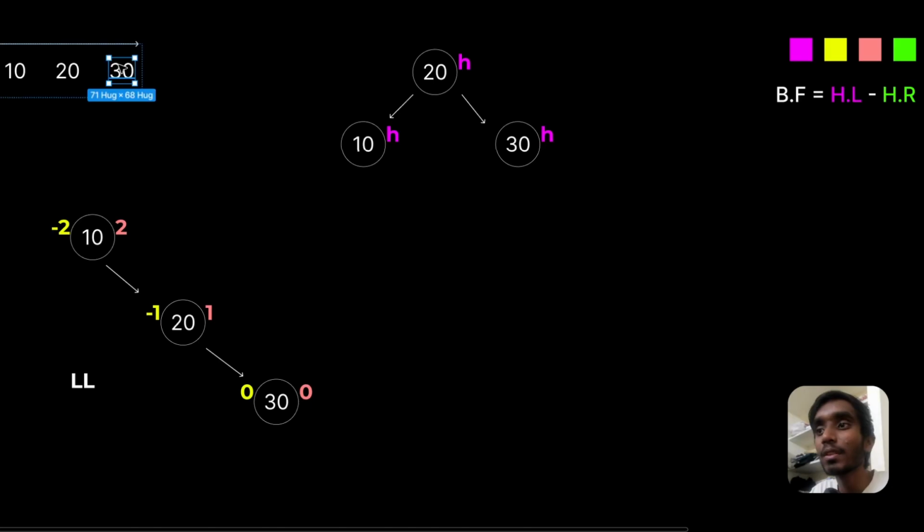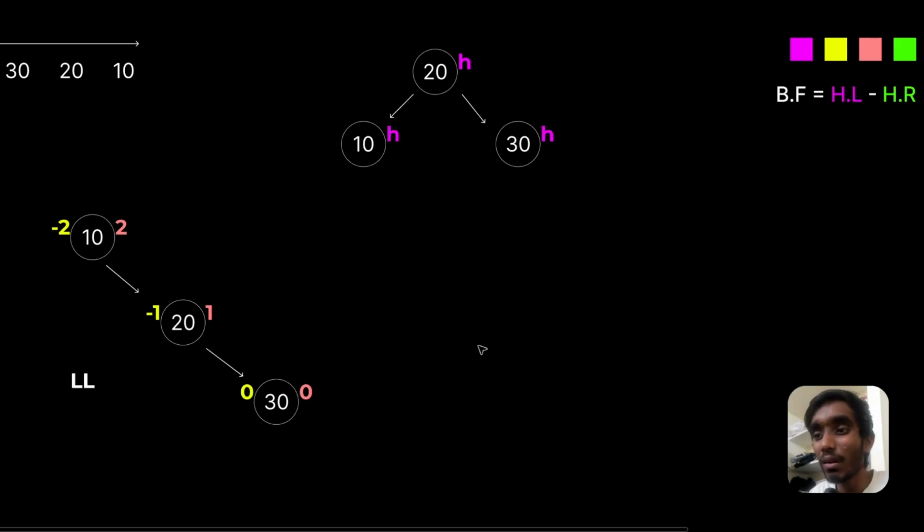If you look at 30, 20 and 10, it will be quite the opposite: 30, 20, 10. So 30 will have a balance factor of 2, 20 will have 1, and 10 will have 0.